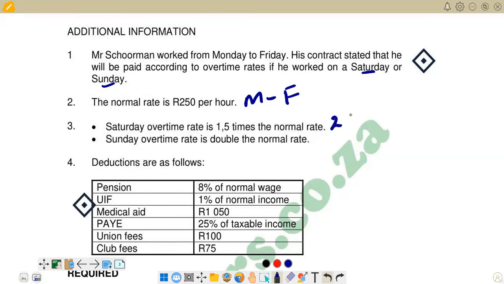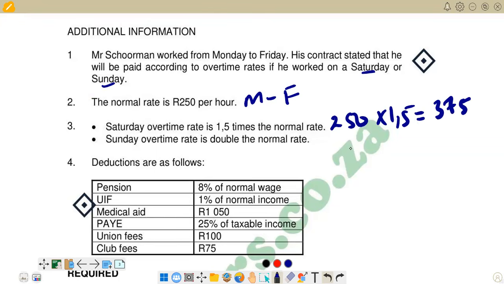So we say 250 multiplied by 1.5, and the rate for Saturday is 375.